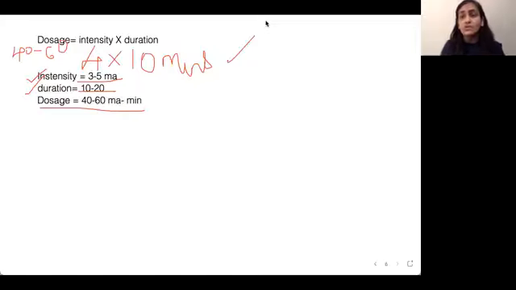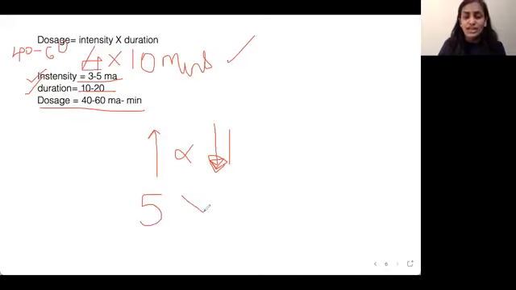But you can have other options also. Always remember, if you are increasing the intensity, what will you do to the duration? Same thing like our ACSM, the duration is going to decrease. So if I make the intensity 5, the duration should be somewhere between 8 to 10.